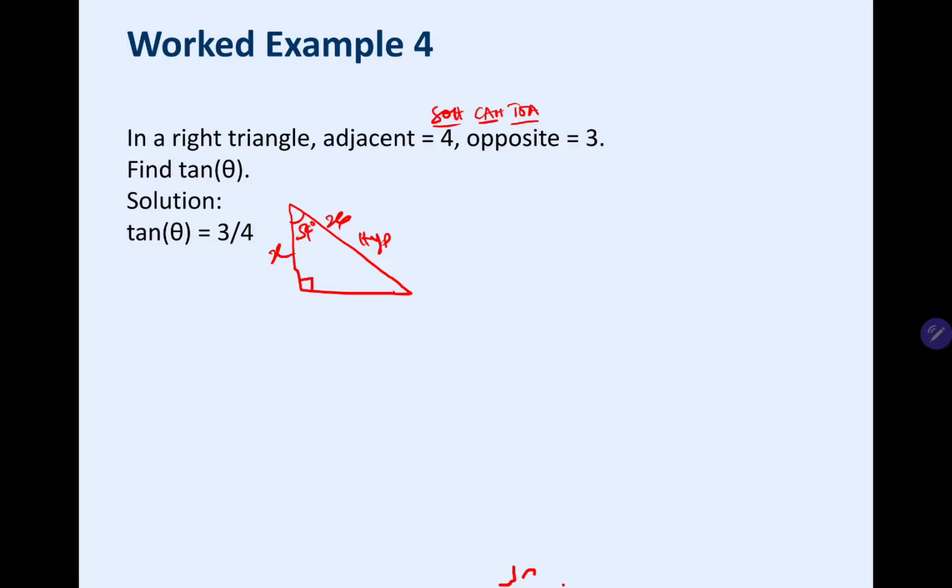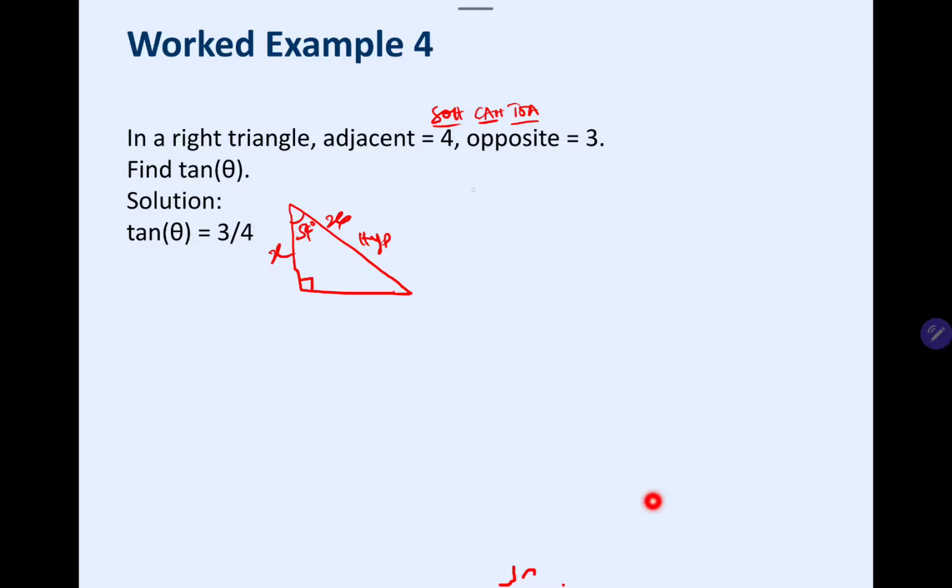Feel free to pause the video at any time to attempt the question and come back to us. Okay, so we're looking for the adjacent side, and we have the hypotenuse. So adjacent over hypotenuse, that should be our cosine.